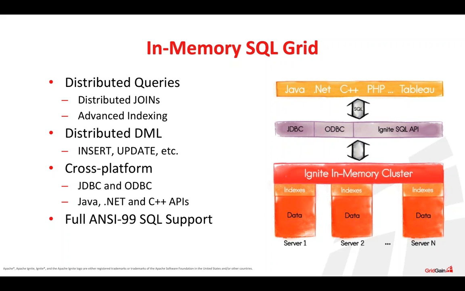And all this means that in practice, you can connect to the in-memory data grid, to the Apache Ignite cluster, from, let's say, your PHP application or your Python application, which are not natively supported by Ignite yet, and still you can connect from there and execute your SQL queries.